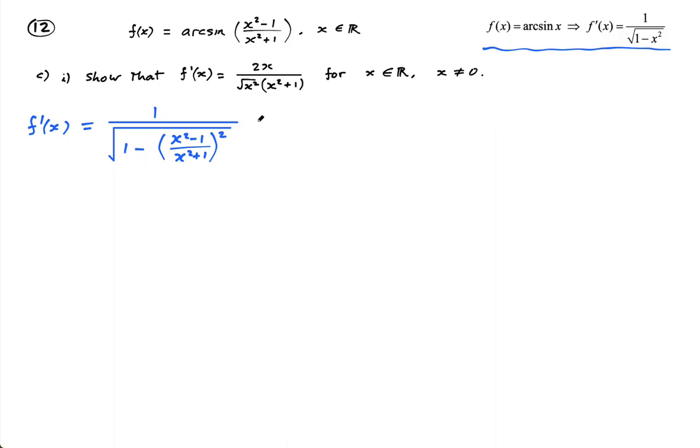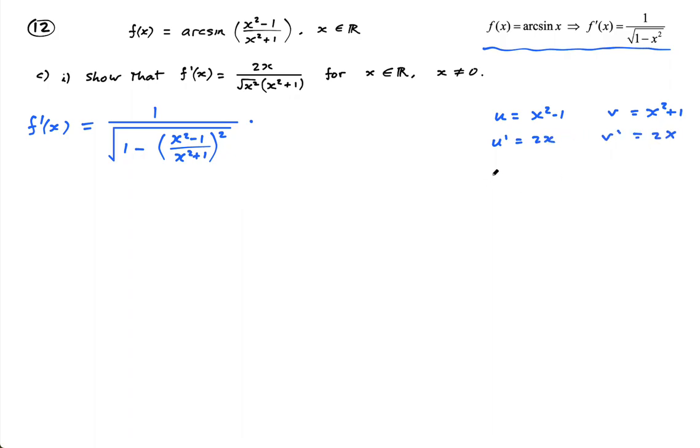Anyway, I have this, and I now need to times this by the derivative of what's inside the bracket, and that's going to be, well, I have to use a quotient rule over here, so I'm going to do u equals x squared minus 1, v equals x squared plus 1, u dash is 2x, v dash is also 2x.